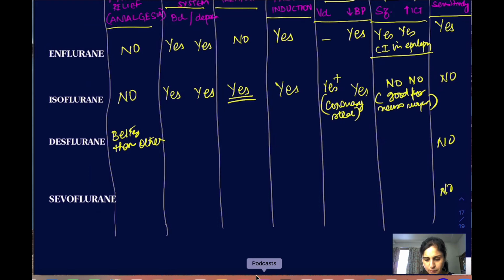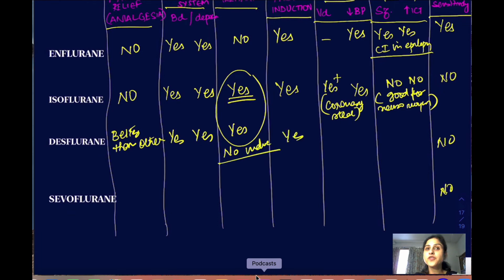Then coming to depression and bronchodilation, yes, again it's a yes. Whether it is an irritant or not, yes, again it's an irritant. So when something is an irritant, we cannot use it for induction. Though the speed is fast, you still cannot use it for induction because of the irritancy effect.